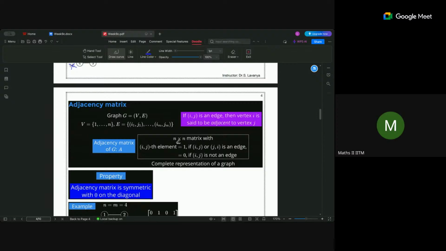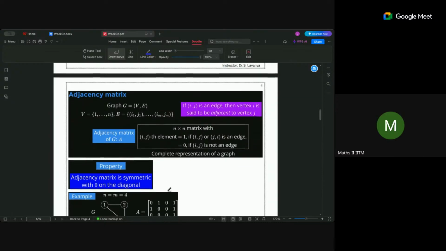Let us say you are having some graph G with vertex set V and edge set E. Suppose your vertex set is having n vertices. If there are n vertices, then the corresponding adjacency matrix is of order n by n. And what is the ij-th element? It is 1 if ij or ji is an edge, and 0 if ij is not an edge.